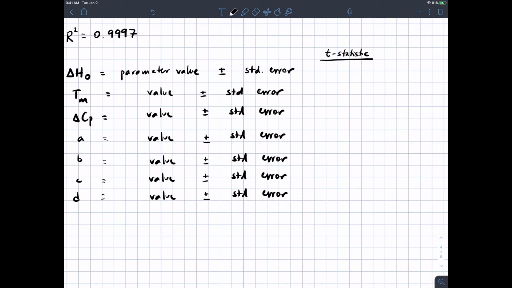So the t-statistic is basically going to be the absolute value of your parameter minus 0, and if you're comparing it to some other number, that other number would go there, divided by the standard error for that parameter.